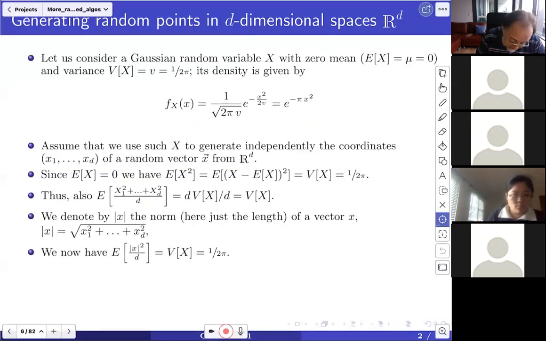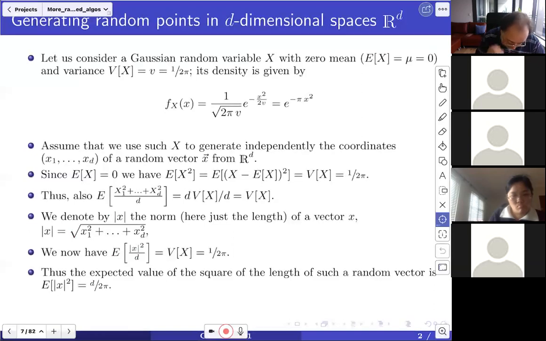Well, the length of a vector, or its norm, as it is usually called, is the square root of the sum of the squares of its coordinates, right? And now we see that the expected value of the sum of the squares of its coordinates divided by d is constant, equal to 1 over 2 pi.